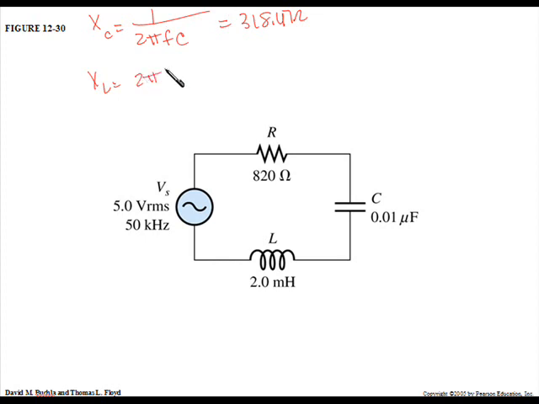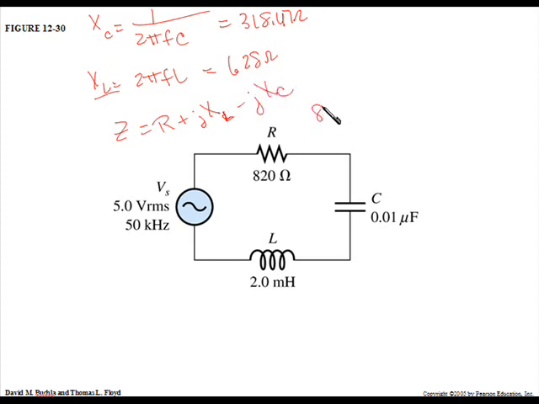XL is just 2 pi F times L, so it's 6.28 times 50K times 2 milli, which is 628. So XL is larger, so the impedance is R plus JXL minus JXC.